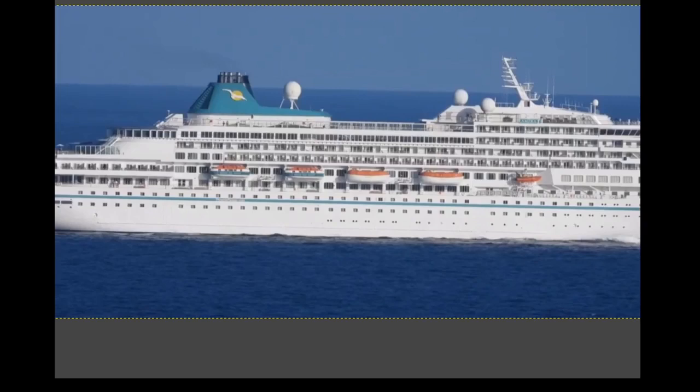And we see the horizon up there at the same relative height as the funnel on the ship there. So we can estimate from this photograph that Keith was on a balcony at about the same height as this funnel, and thus we have the horizon appearing at the same height.